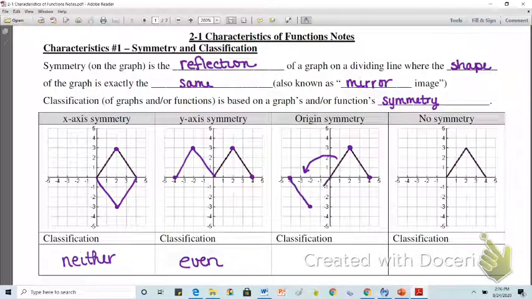And my graph would look like that. This classification is odd. And finally, if it does not have one of these three, you can say it has no symmetry. And no symmetry would also get a classification of neither.